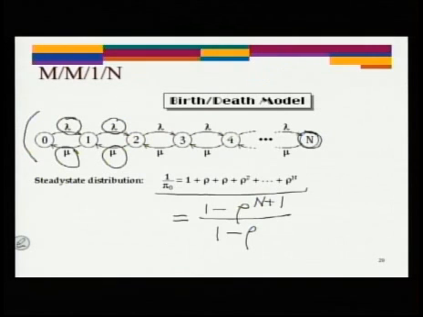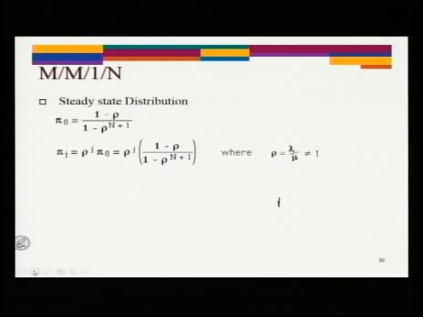Okay? So that's why we have pi 0 equal to this. Once you get pi 0, determining the other pi values is a piece of cake. Just use the formula. Okay.